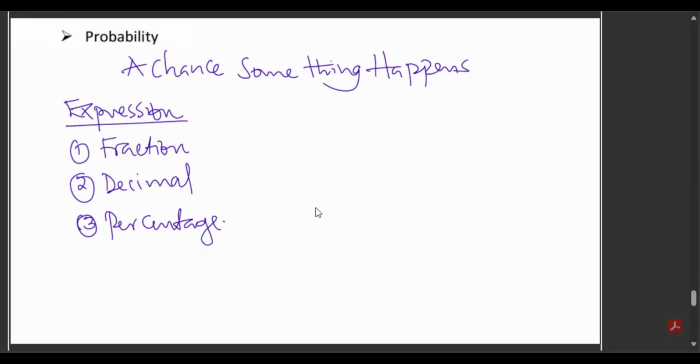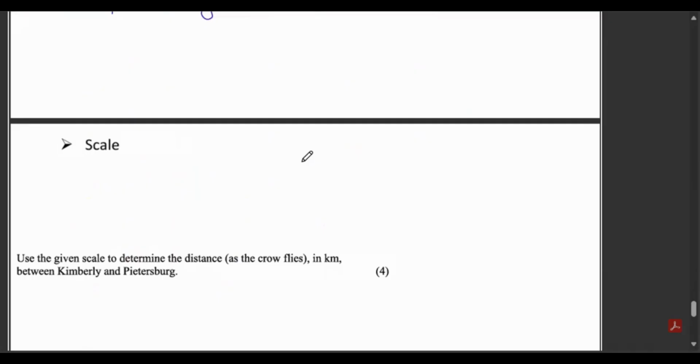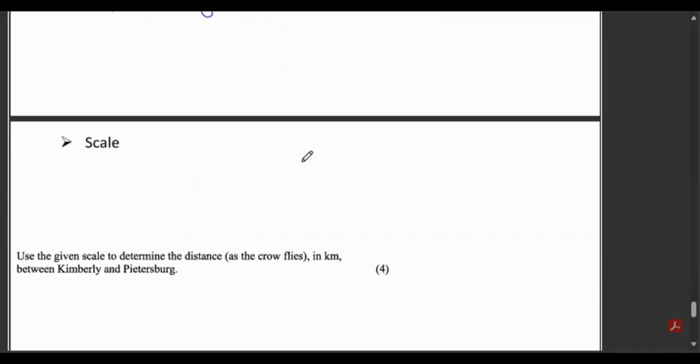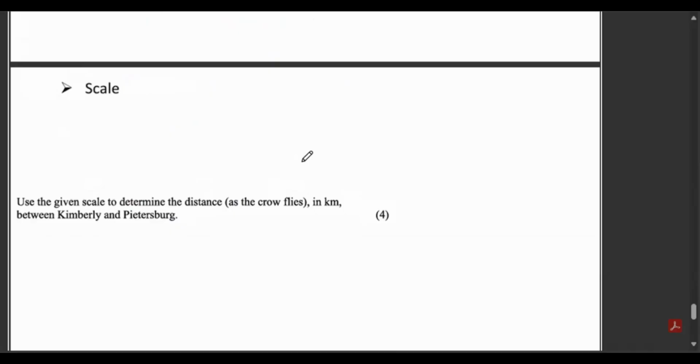Your answers should lie between 0 and 1. If it's a percentage, between 0 and 100%. It should not go below 0 and should not go beyond 1 (or beyond 100%). Okay, we look at this.